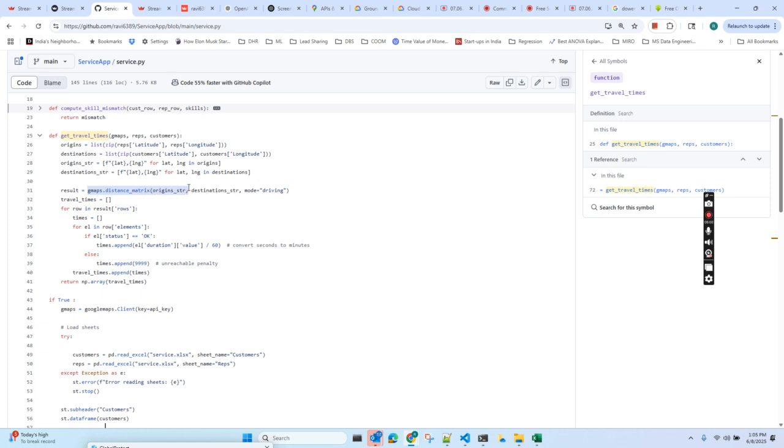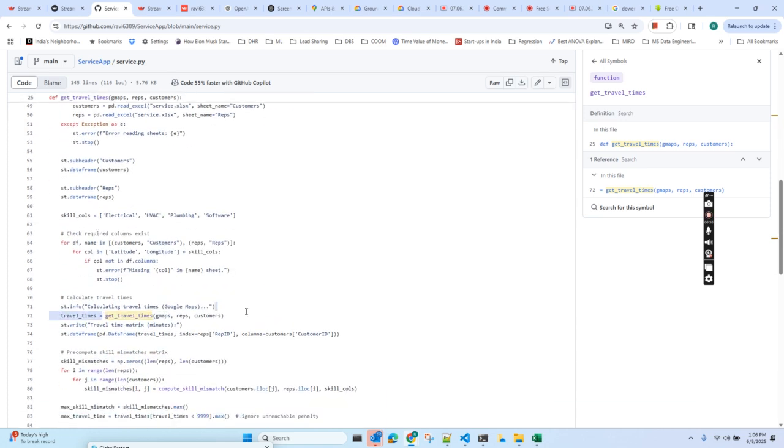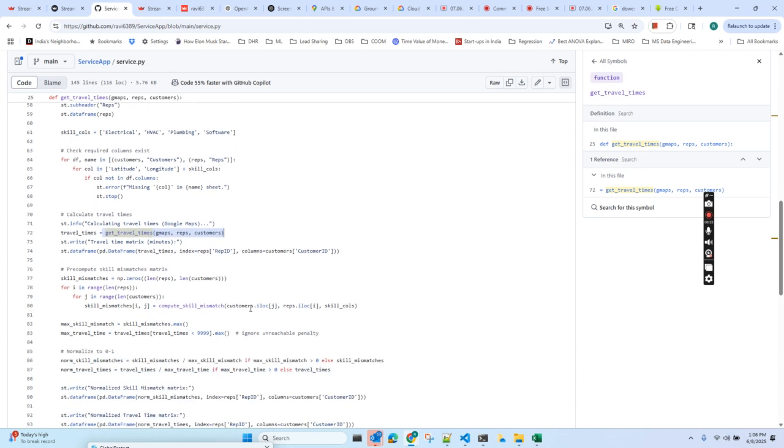We pass the origin latitude and longitude in string format to this Google Maps distance matrix, and it calculates the distance in terms of the time taken to travel from one location to another. Right now I've kept the mode as driving. For the times which are unreachable, we set it to 9999, which means that practically it's not possible to reach that location by driving. So this is the important function which finds out the travel time being taken.